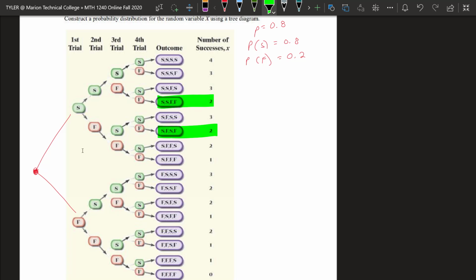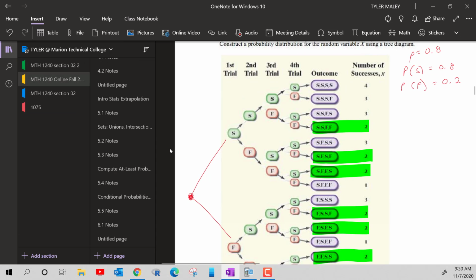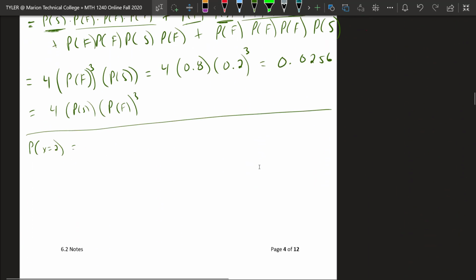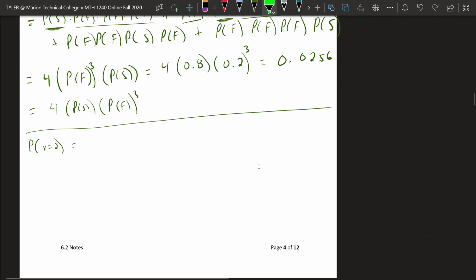So we're looking in this last column and looking for all the outcomes that have 2 successes. And there are 6 of them, right? So what you should start to see is that we're counting that we have 6 different options to have 2 successes.